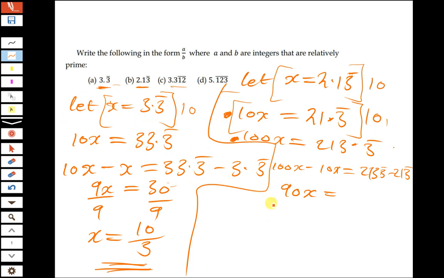So the answer will just be 192. So we can divide by 90 this side, divide by 90 this side.